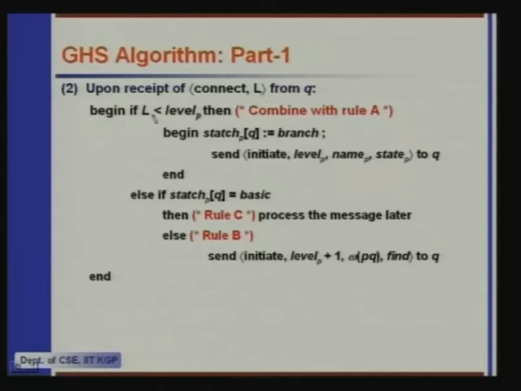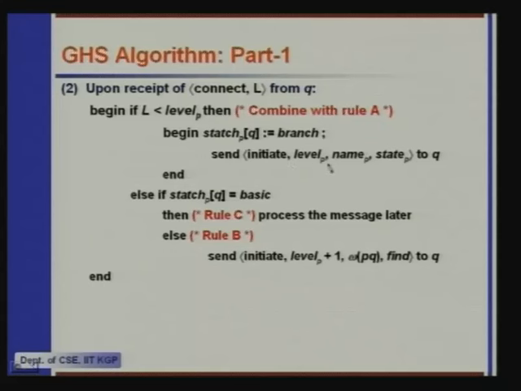If the level is less than its own level, then it will allow the lower level fragment to combine with it. It will set the status of the channel to Q as branch, and it will send the initiate message to Q. The initiate message will contain the level of P.